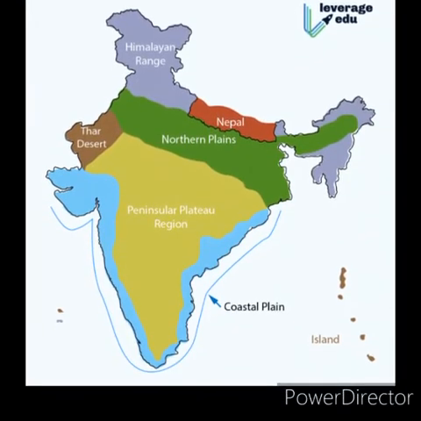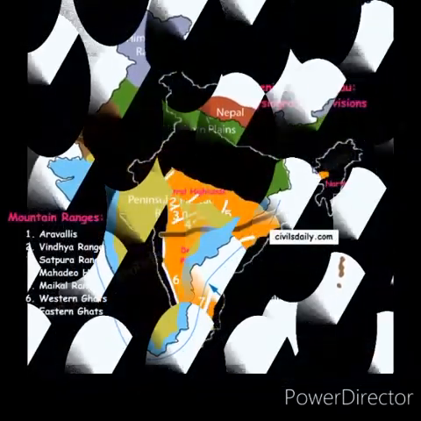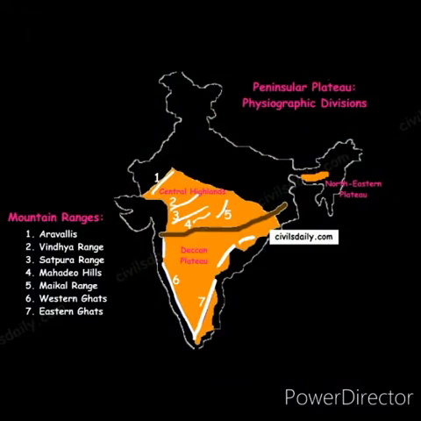This region is triangular in shape and is surrounded by mountain ranges on all sides. It is surrounded by the Aravalli Range, the Vindhyas, the Satpuras, and the Rajmahal Hills. Towards the west are the Western Ghats, and towards the east are the Eastern Ghats.